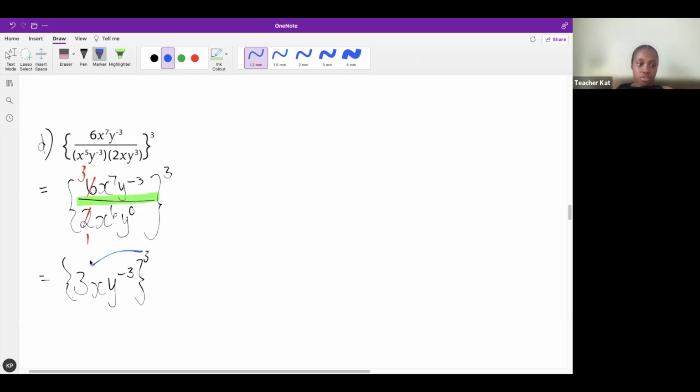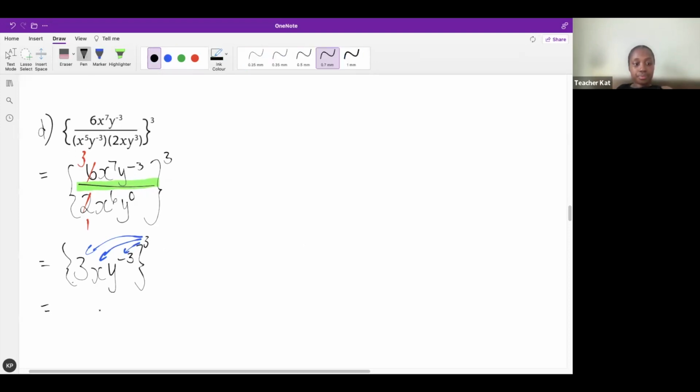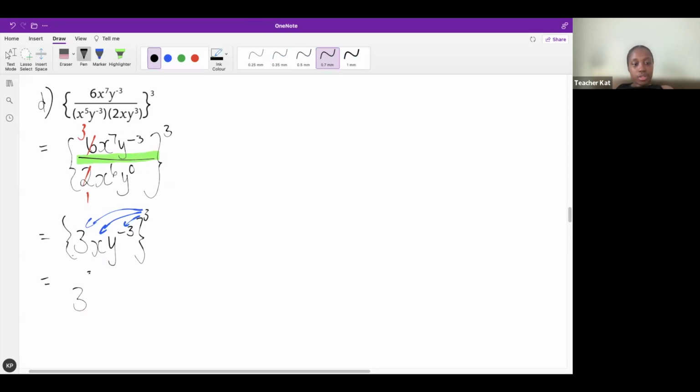Distribute. So I'm going to take this 3, distribute, distribute, and distribute. So then I have 3 cubed times x to the power of 3 times y to the power of what? If I'm distributing, what am I going to do with those exponents that I'm distributing? Thank you, Seth. I'm going to multiply them. So then you're going to have -3 times the 3 that is outside, and you're going to end up with -9.